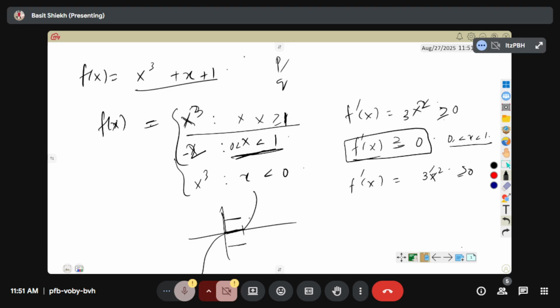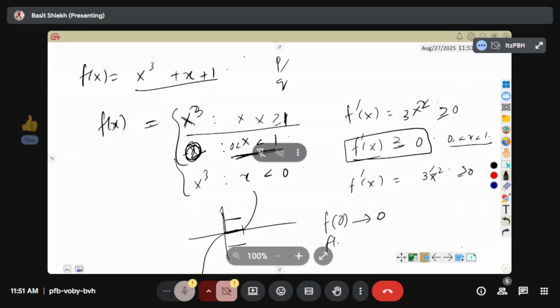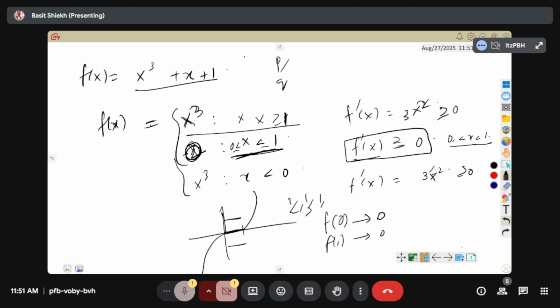Is this one-one? No. f of 0 goes to 0, you can take any constant function here, f of 1 goes to 0 also, and f of 1 by 2, 1 by 3, 1 by 4, f of 1 by 100, these all go to 0.